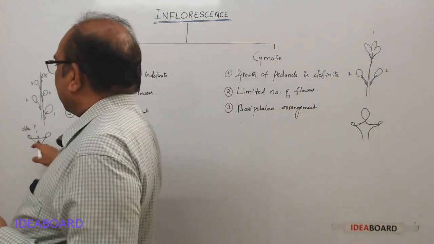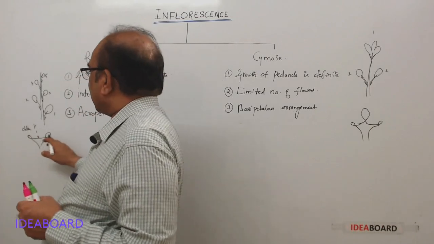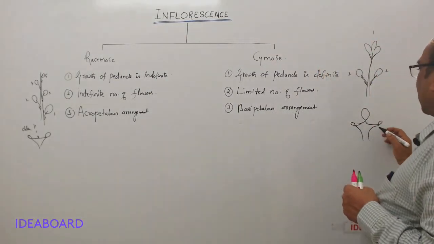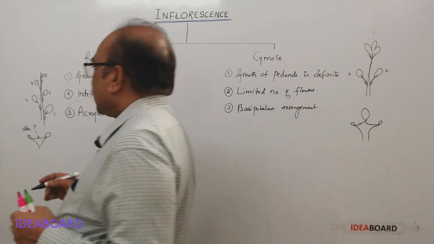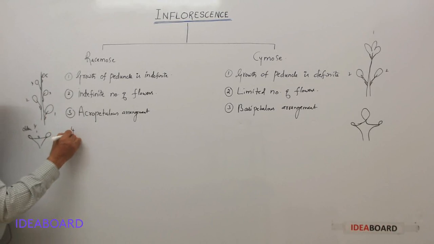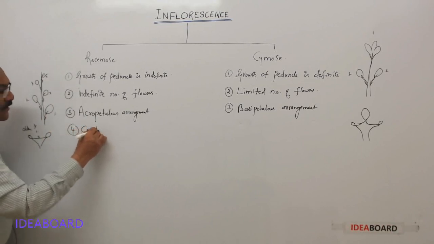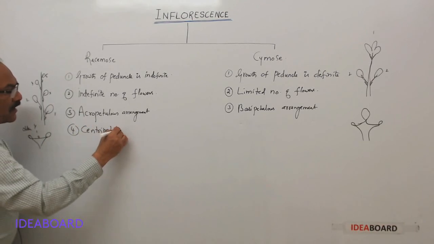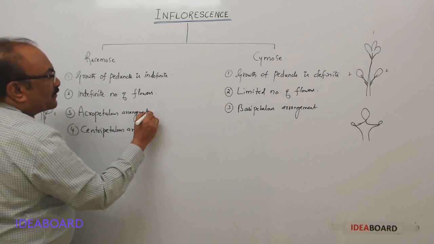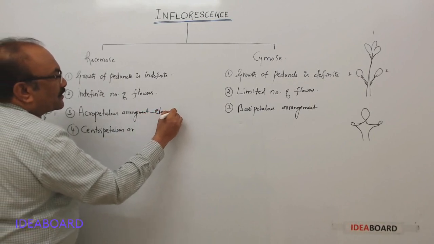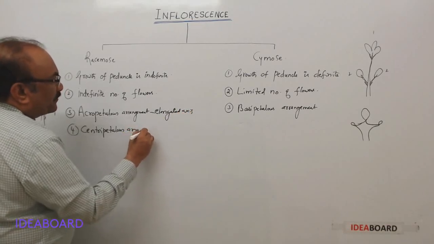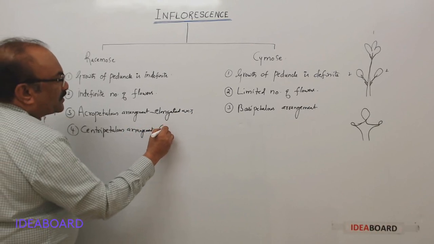Here the younger flower is in the middle and the older ones toward the periphery, whereas here the older flower is in the middle and the younger ones toward the periphery. So when the peduncle is condensed, we call this centripetalous arrangement. Centripetalous arrangement is for the condensed axis, whereas the earlier arrangement is applicable to the elongated axis.